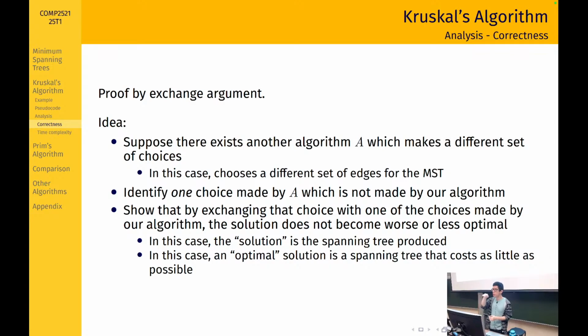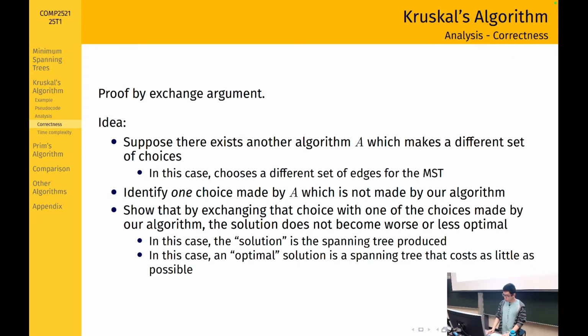So it always either stays the same or decreases. And we gradually transform the spanning tree produced by the other algorithm to the spanning tree that Kruskal's algorithm produces, right? And that proves that the tree that Kruskal's algorithm produces is optimal.